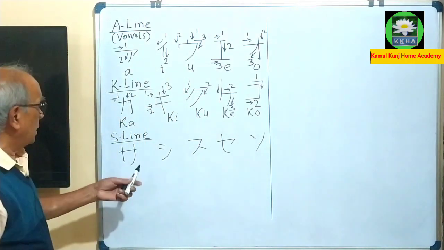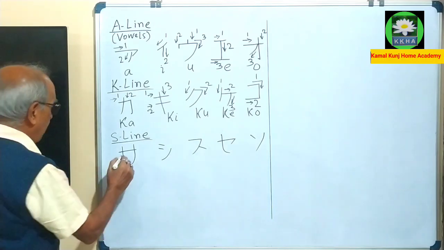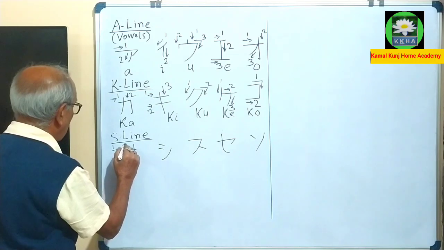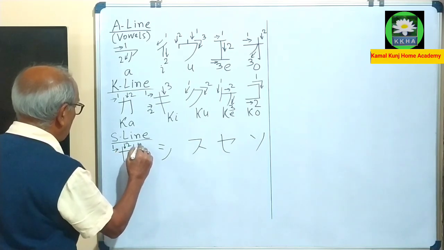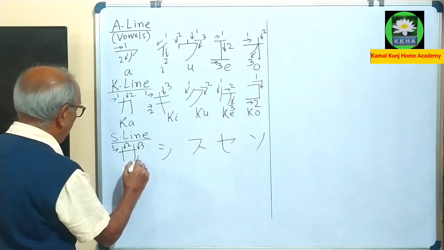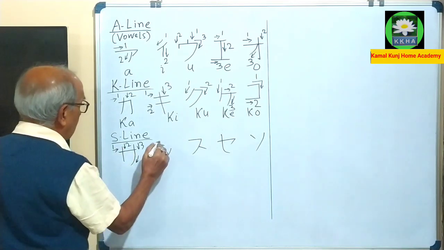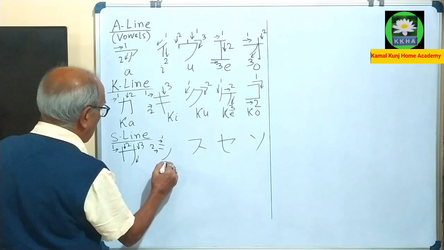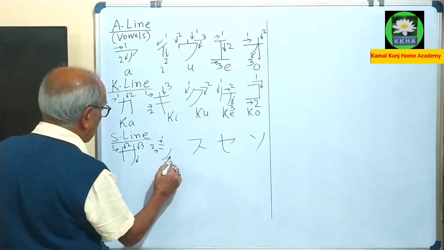Here is S line katakana, stroke order are stroke number 1, stroke number 2, stroke number 3; stroke number 1, stroke number 2, and stroke number 3.